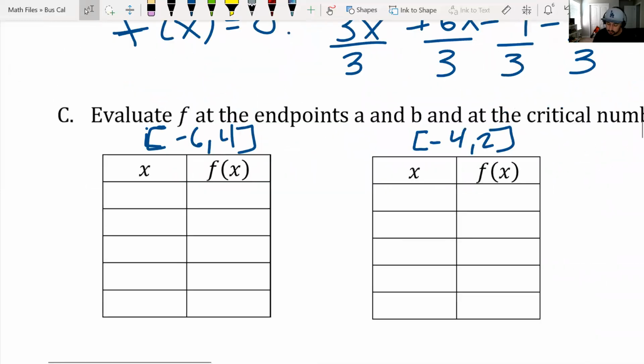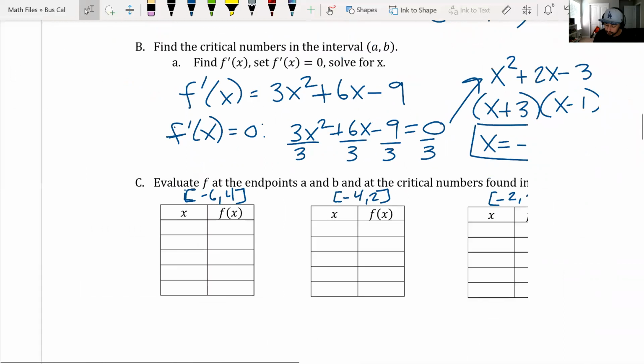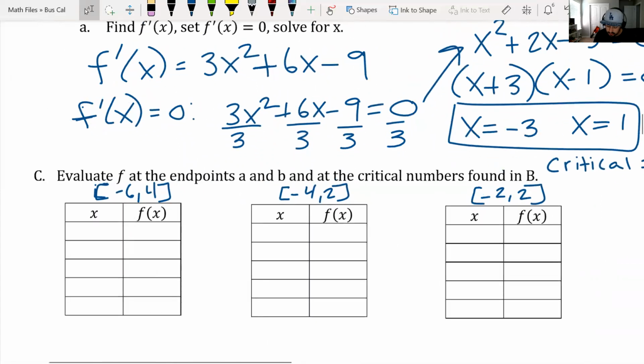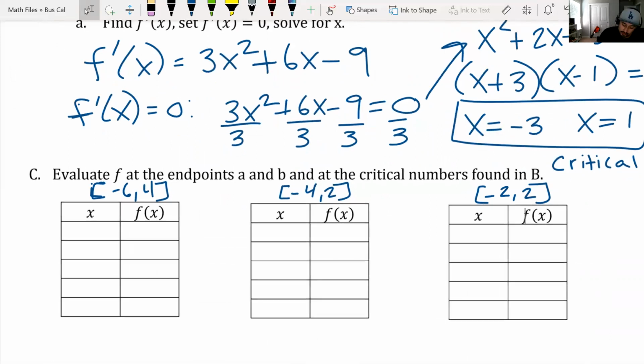So my critical numbers are -3 and 1. Okay, cool. So I'll put in my endpoints, -6 and 4. And then the biggest question here is, do my critical numbers of -3 and 1 fit in the interval -6 and 4? And the answer is yes.